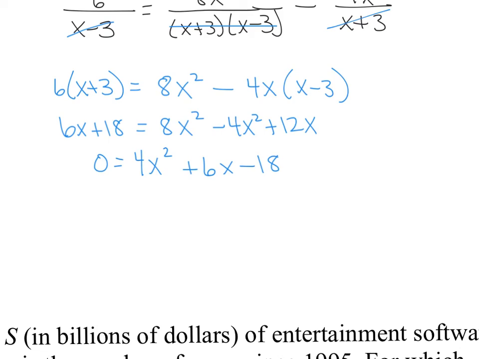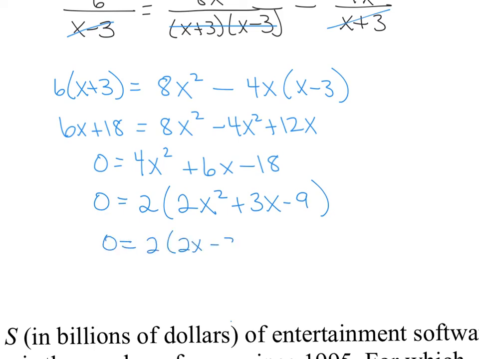Remember, when we factor, we always want to factor out the GCF first. So there's a GCF of 2, and that leaves 2x squared plus 3x minus 9. So we have 2x minus 3 when we factor it times x plus 3. And that will give us our x values of 3/2 and x equals negative 3.